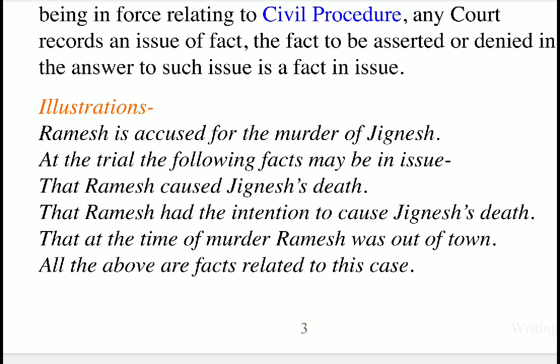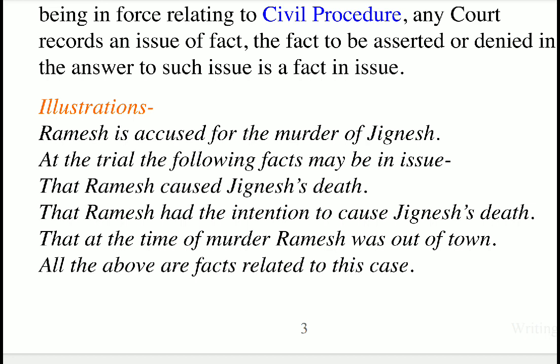Now at the trial the following facts may be in issue. What? That Ramesh caused Jignesh's death. This is a fact in issue which has to be decided either in positive or negative. That means whether Ramesh caused Jignesh's death or not. But the allegation is that Ramesh caused Jignesh's death.